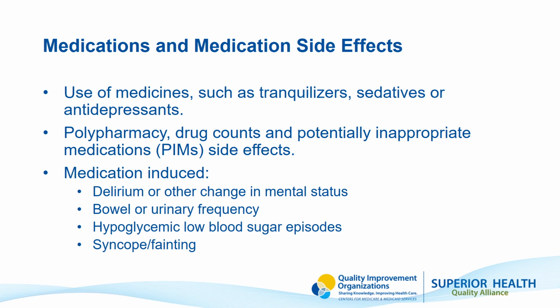Additional medication side effects that may also increase one's risk for a fall include medication-induced delirium or other changes in mental status, medication-induced bowel or urinary frequency, medication-induced hypoglycemia or low blood sugar episodes, or medication-induced syncope or fainting can also be associated with certain medications.